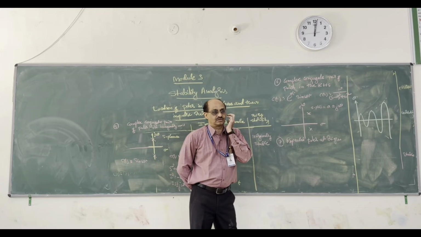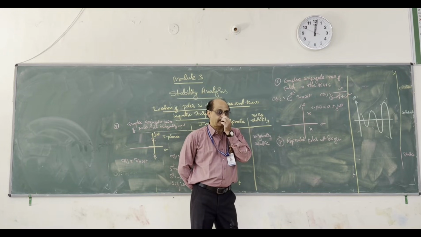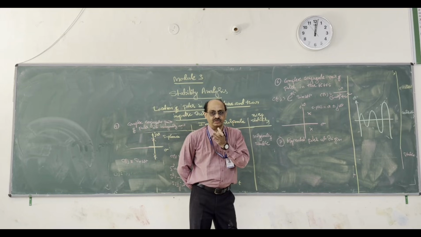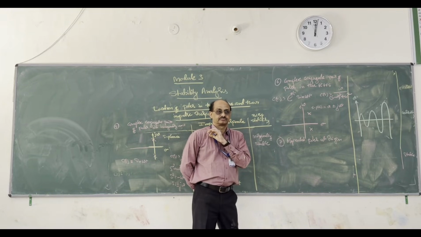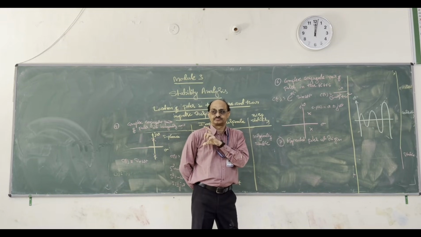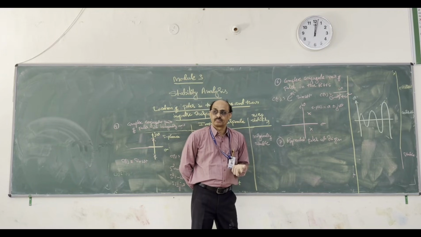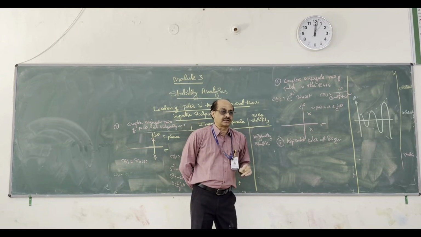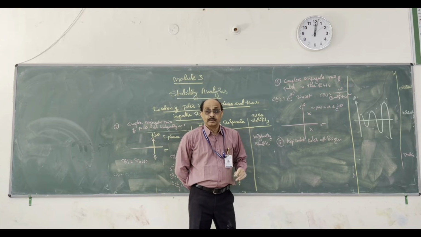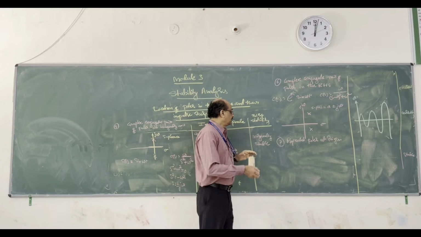When it is a single root, what is the type of response? Impulse response, 1 by S. It is a step response. We call that marginally stable. Need to remember all these things.